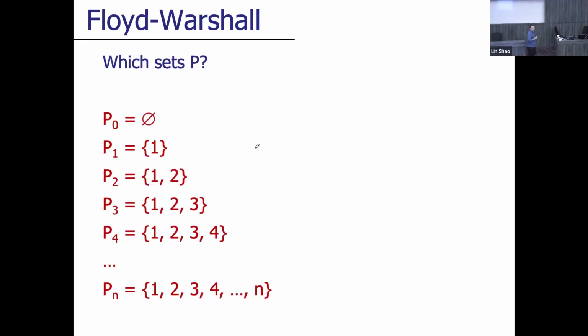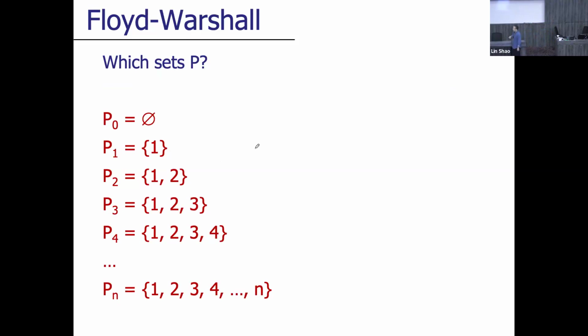In the Floyd-Warshall algorithm, we have restrictions on the set P. These are the definitions of P used in this algorithm. We have the very basic case, P0, which is the empty set. This is the base case. After that, we have P1, which is node 1.